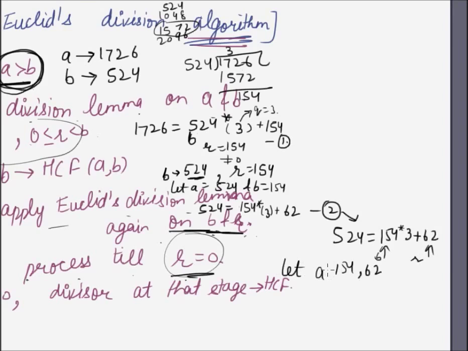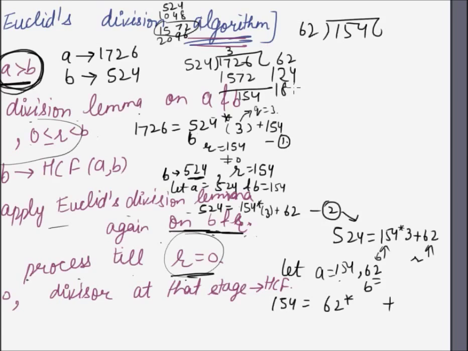Let A be 154 and B be 62, because A should be greater than B. So 154 can be written as 62 into some quotient plus some remainder. So if we divide 154 by 62, 62 has multiples as 124, 186 and so on.